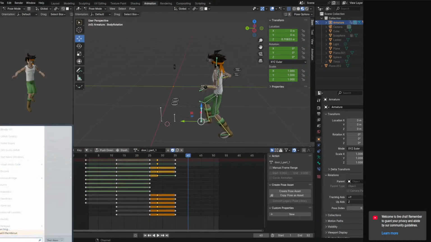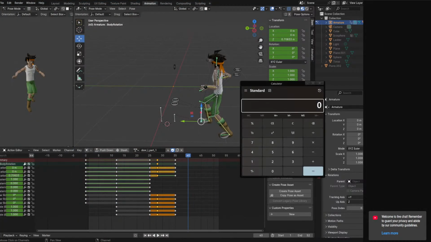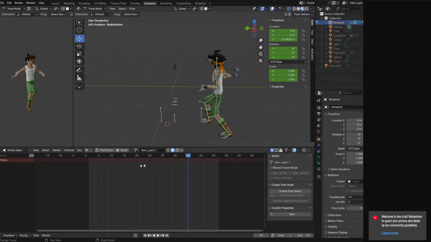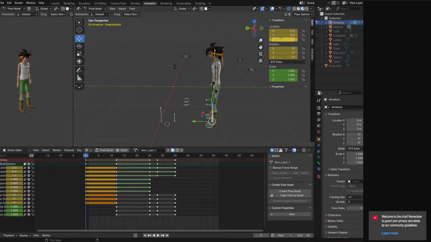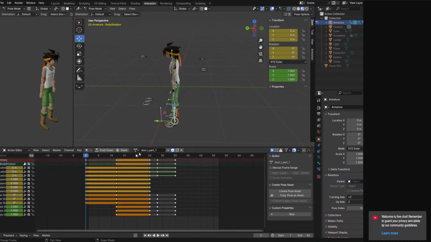Button. Okay, so this is going to be at here.